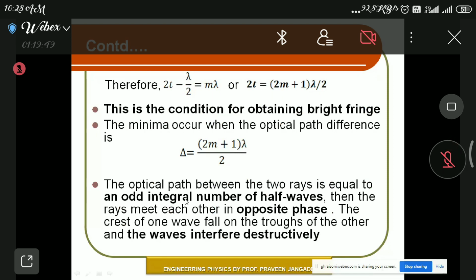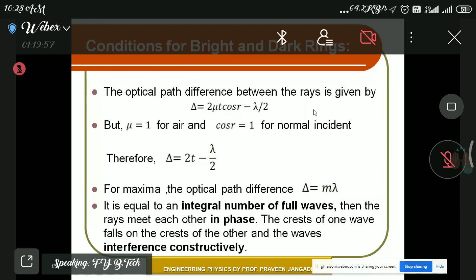And then if you consider 2t minus lambda by 2 equals m lambda, you will get 2t equals 2m plus 1 lambda by 2. You can refer to the diagram. Here 2t minus lambda by 2 is one delta, and the other delta that we had is m lambda.